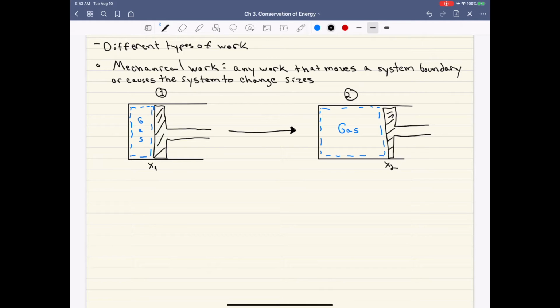And so as a result, in this scenario, when we describe the work, it is going to be negative, because by expanding, the gas had to transfer energy from itself, from the system, to the surroundings. So work is negative because energy is transferred from gas to surroundings.